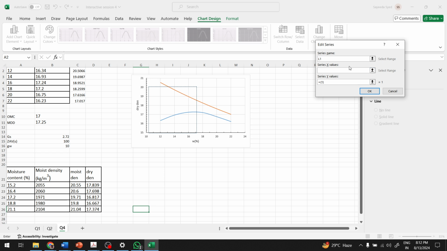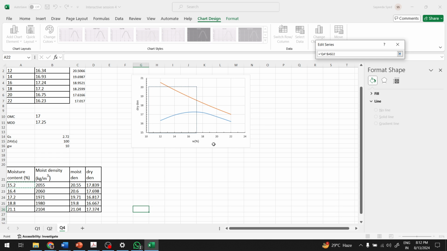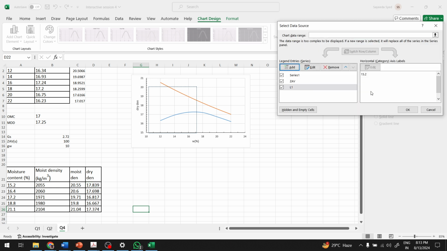Location 1, x value is this, y value is this.